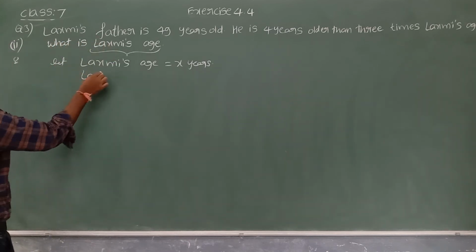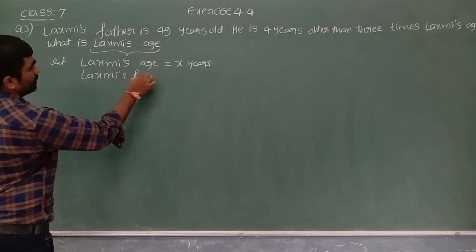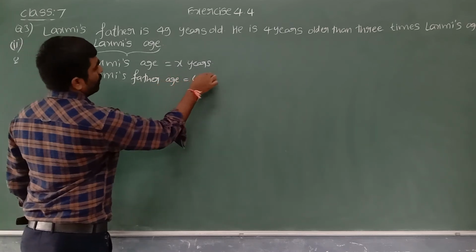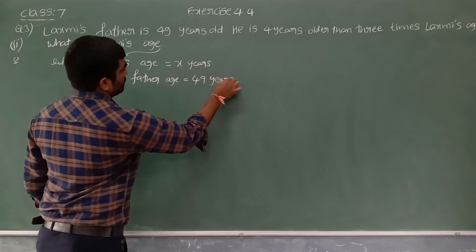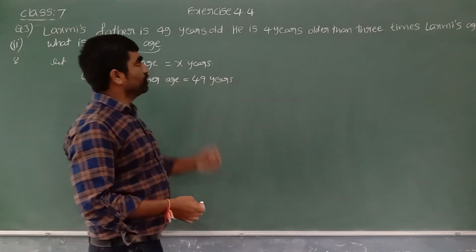And he also gave the father's age. Lakshmi's father's age is how many years? 49 years. Unknown value, known value. Then he gave some relation between these two. What relation?